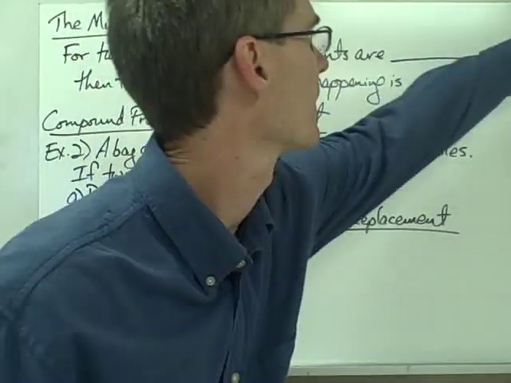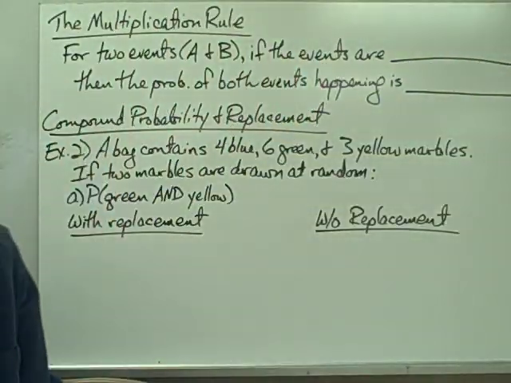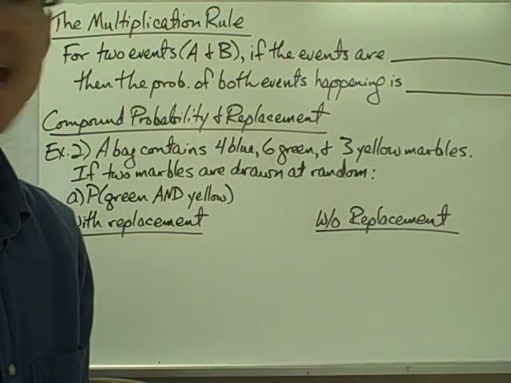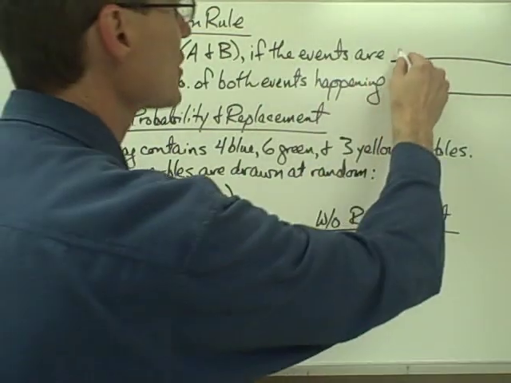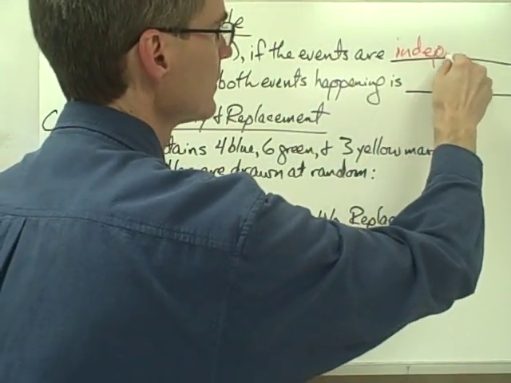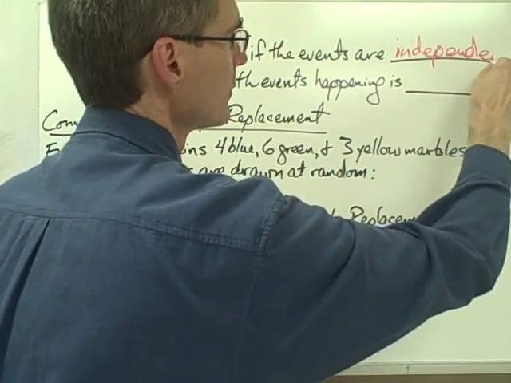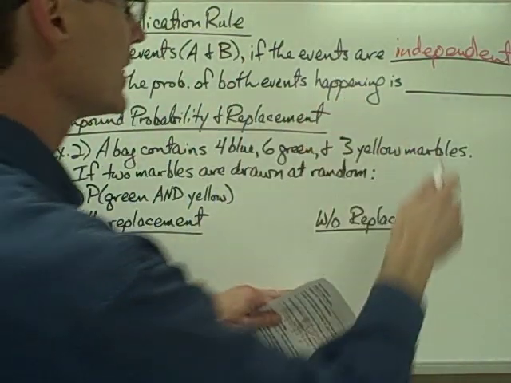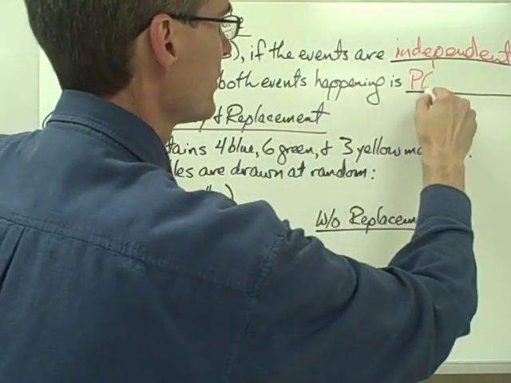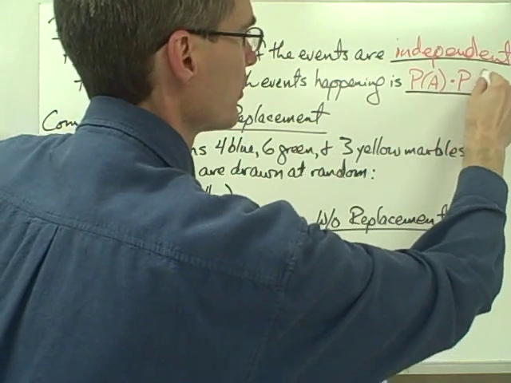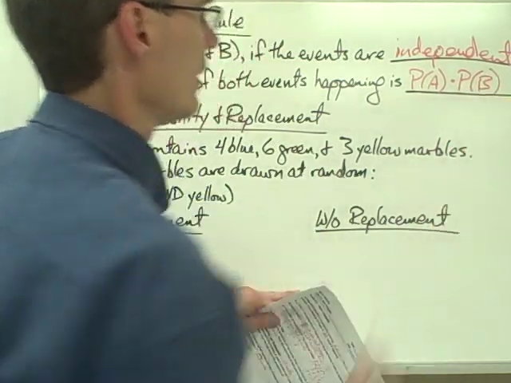So the multiplication rule just says that for two events, call them event A and event B, if the events are independent, then the probability of both events happening is just the probability of the first event times the probability of the second event.